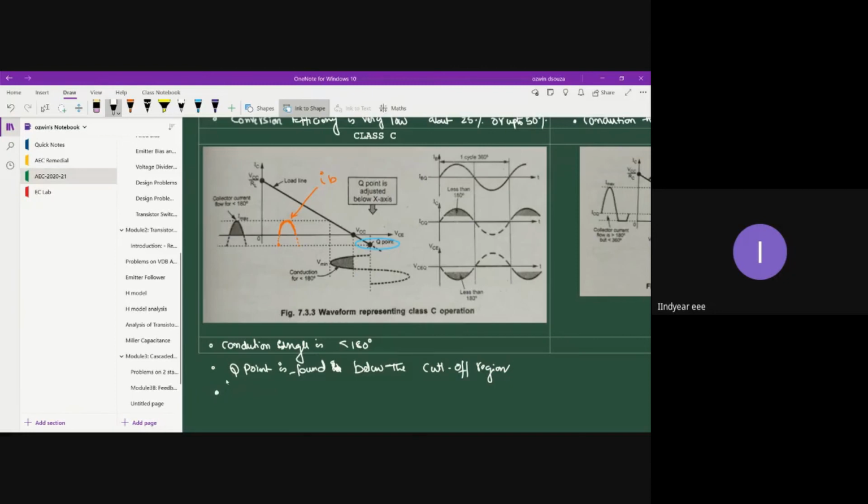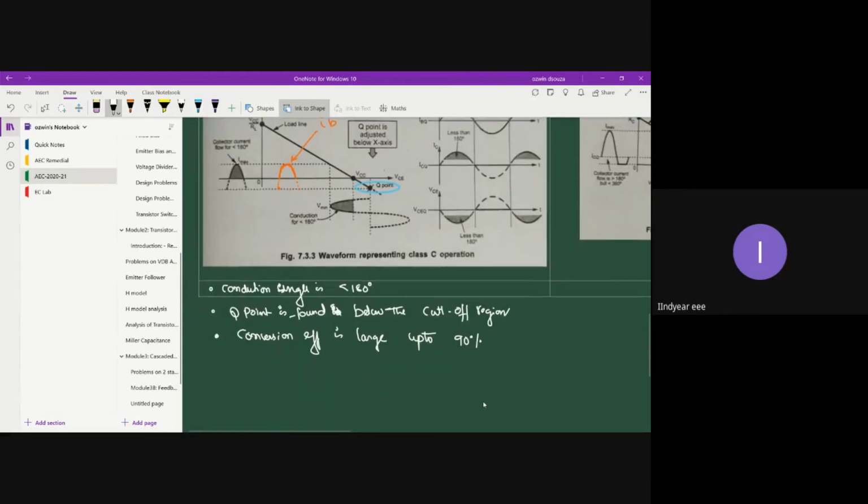Since the current flow duration is very, very small, you can expect that the conversion efficiency is a lot larger. Conversion efficiency is large, and it can be as high as up to 90%, because conversion efficiency is directly proportional to the duration for which current flows through the load.